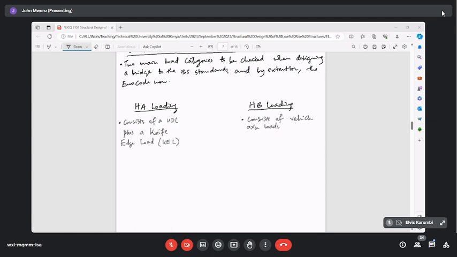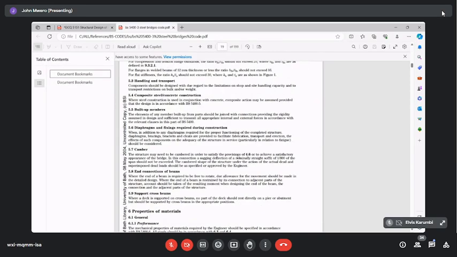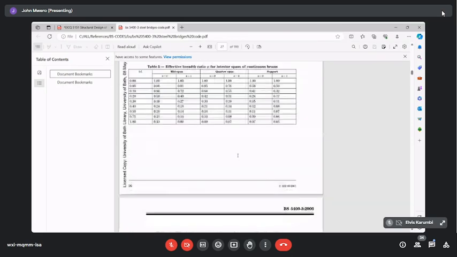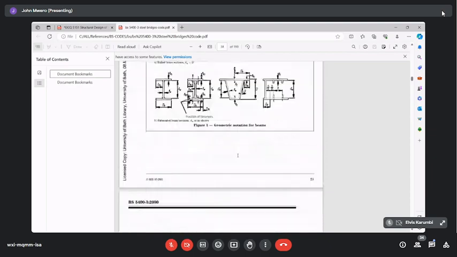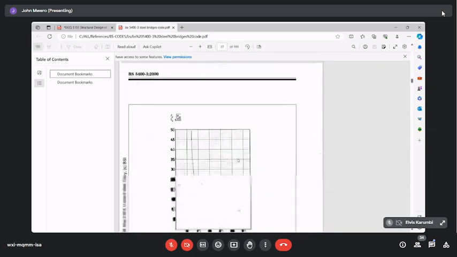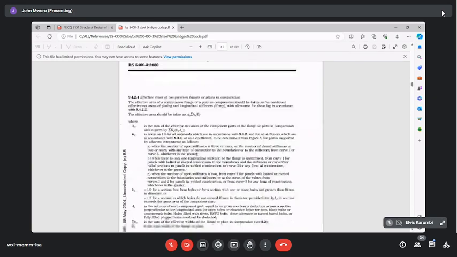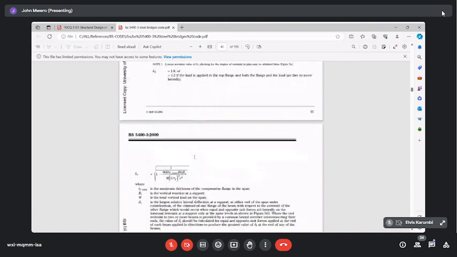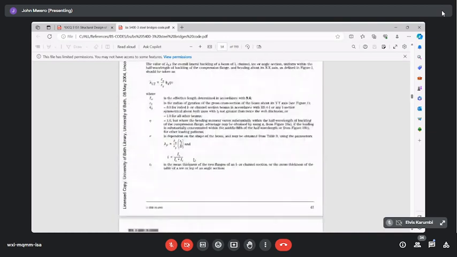The 5400. I hope I can find it quickly. If not, we'll skip that, because you'll deal with that. Those who will do bridge design this semester, you'll dig into this quite a bit. So we don't need to bog ourselves down too much.